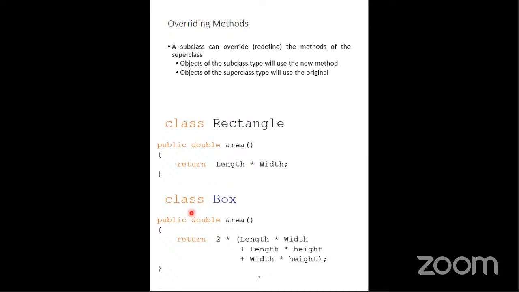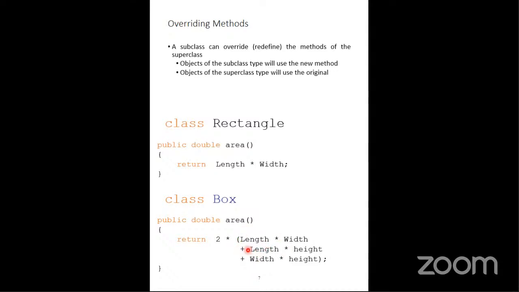All the things are the same here: public, double, area, no arguments. Because Box is a subclass of Rectangle, it extends the Rectangle class, and this method is also available to Box. But the calculation of box area is slightly different. It is using this equation.